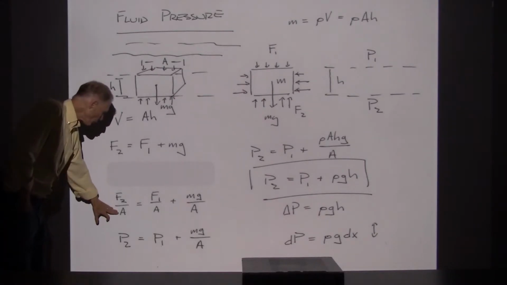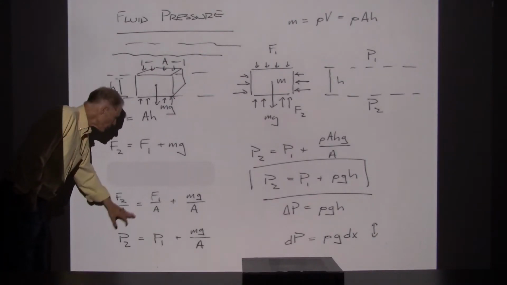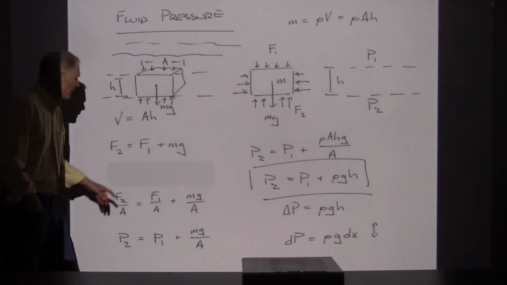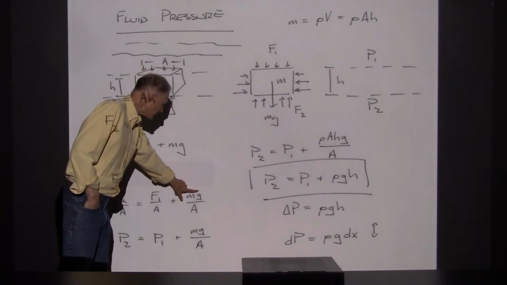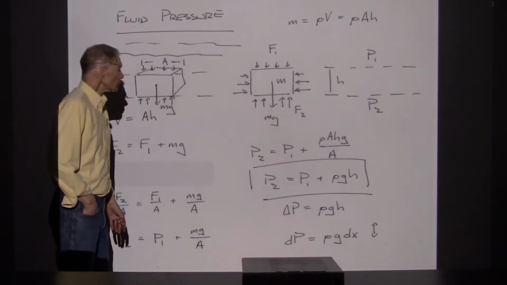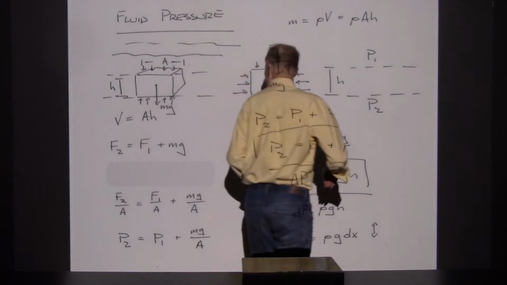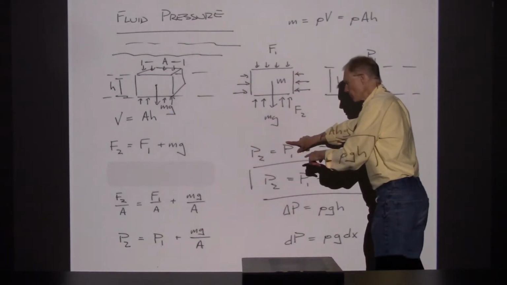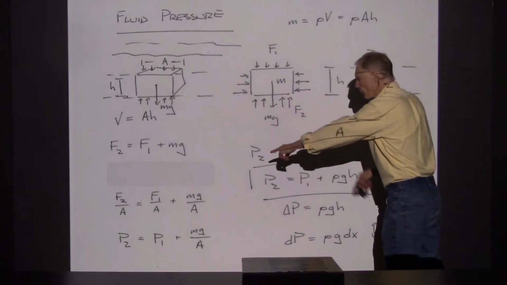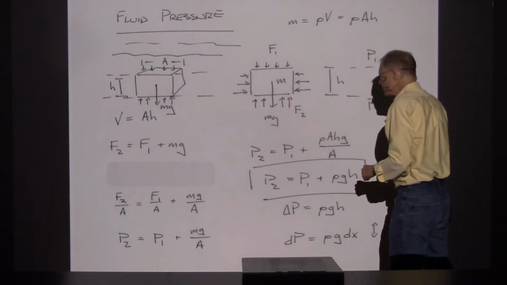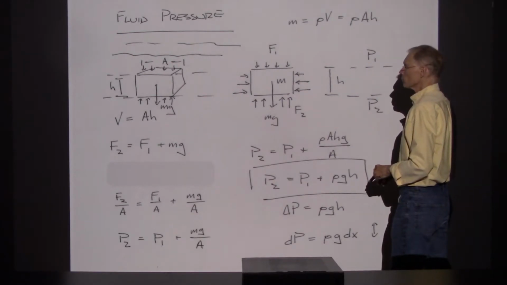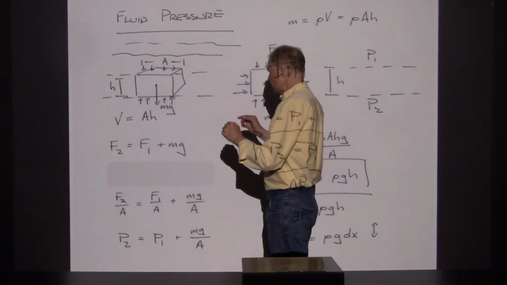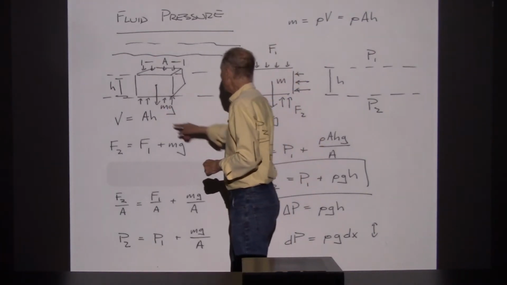Now, force over area, that's pressure. Force over area from above, that's the pressure from above. And then here we have mg over A. So what that leaves us with is the pressure from below equals the pressure from above plus, now the mass can be rewritten as the density times the volume.